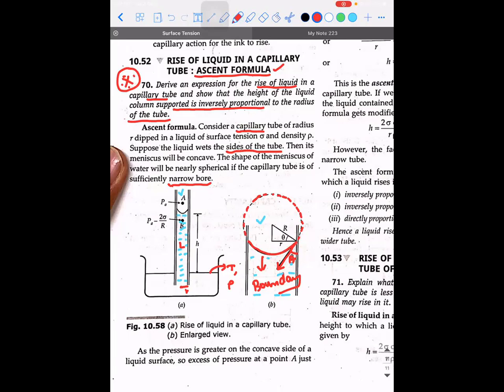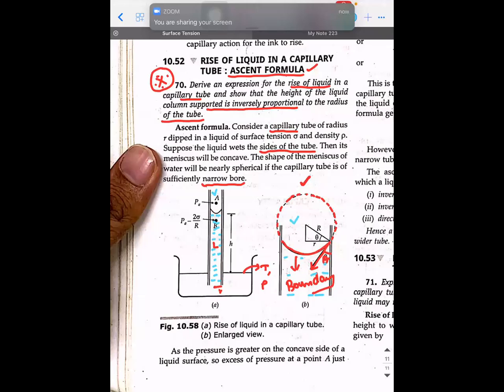So out of the soap bubble and the water drop, which one has only one free surface? Water drop. So can I say here the meniscus is behaving similar to a water drop? Right?